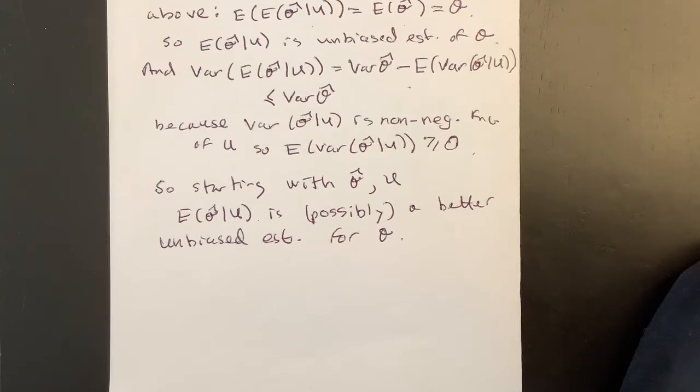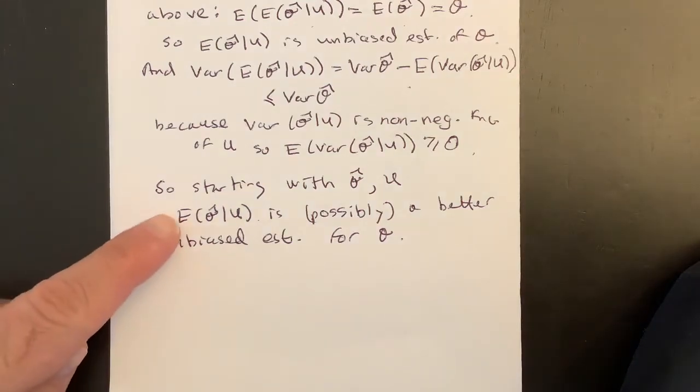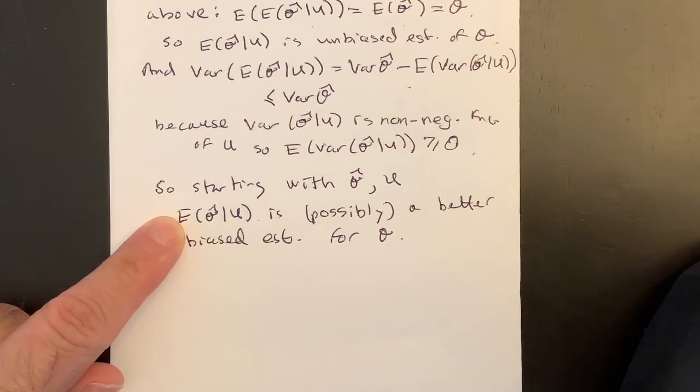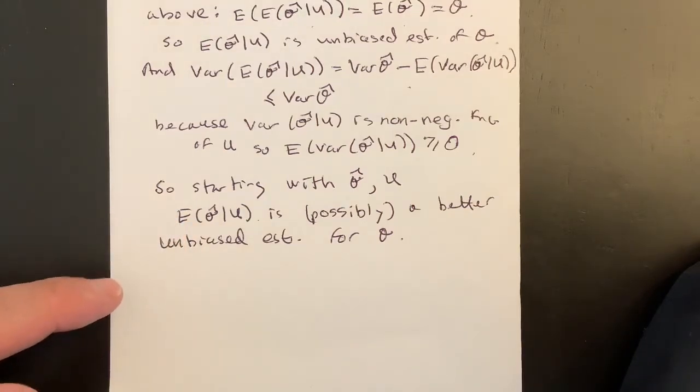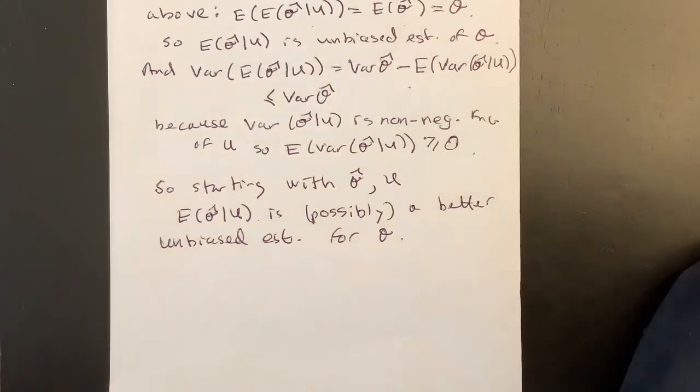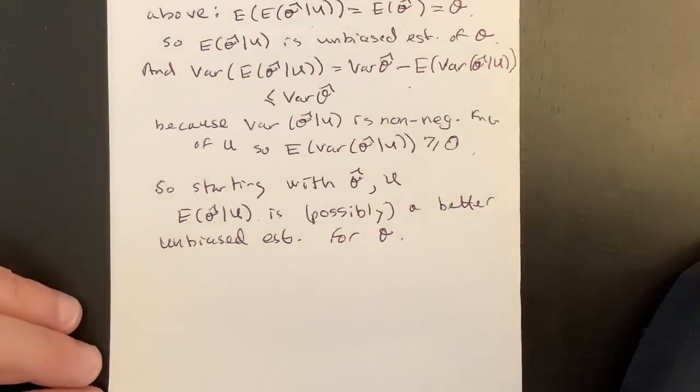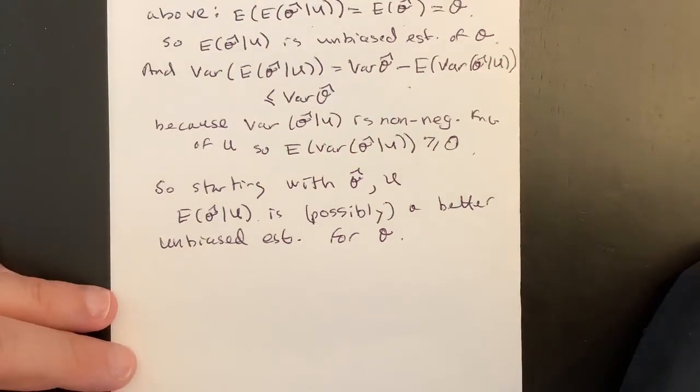You can check the mathematics of that. It's true. What that tells you is that once you take E of theta hat given u, you get a function of u, and that cannot be improved on. So this theorem works to possibly improve theta hat once, but it can't be used iteratively to get a better and better estimator.